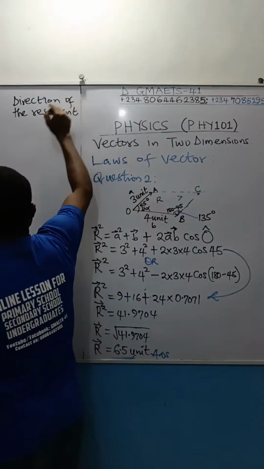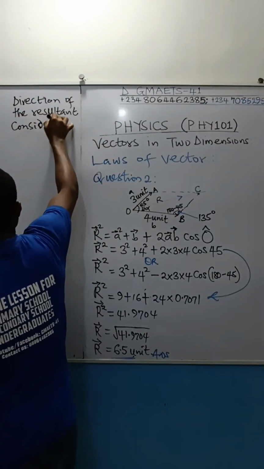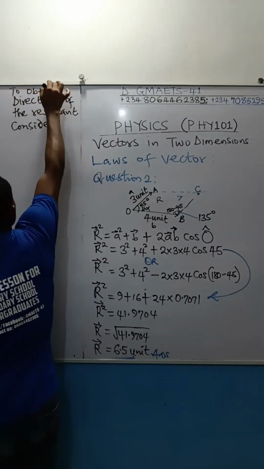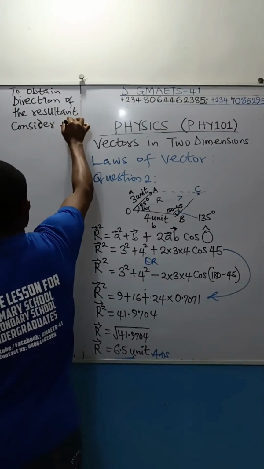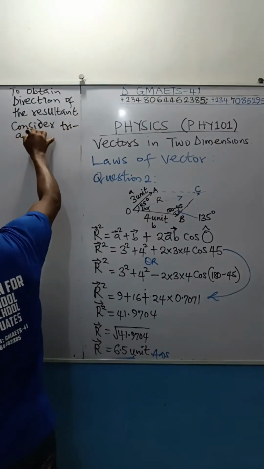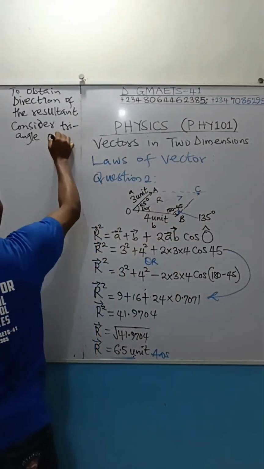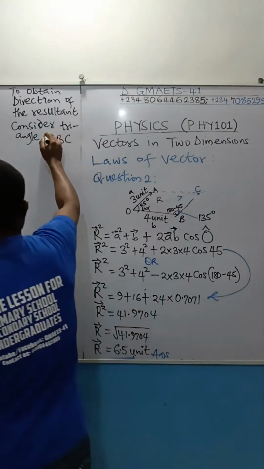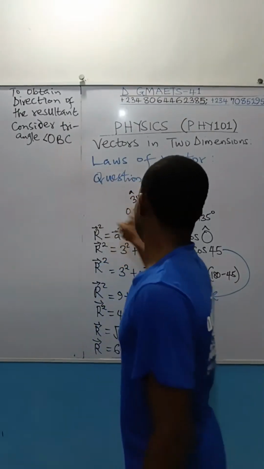To obtain the direction of the resultant, consider triangle OBC. So we have an angle at point B here.